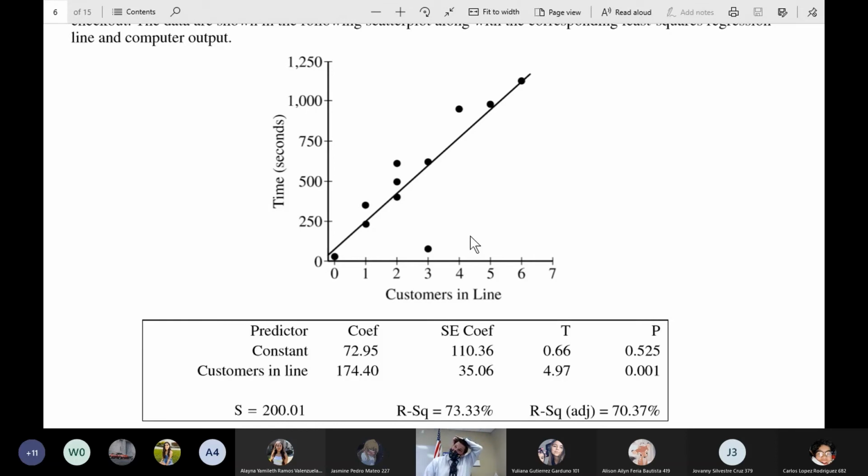It's probably at like 73 seconds, similar to the y-intercept. We can think of it as really far away from our regression line and really far away from the main pattern in both x and y directions. It's pretty far off.